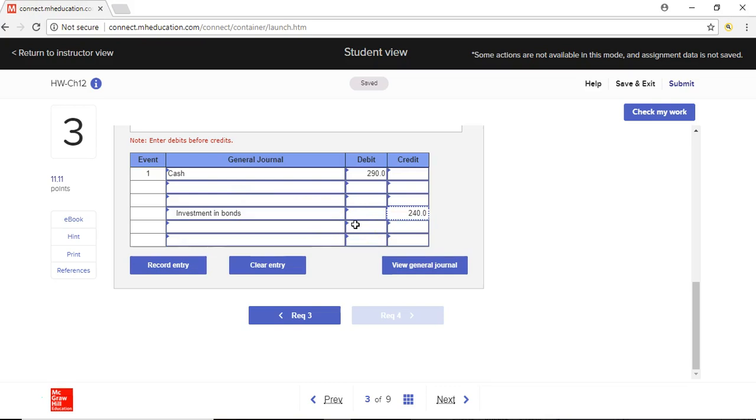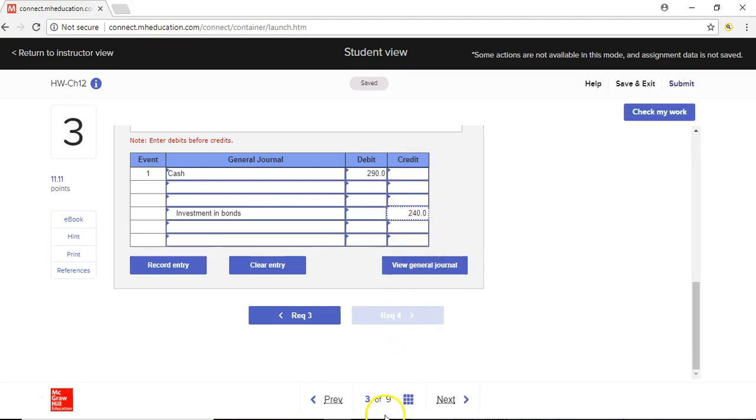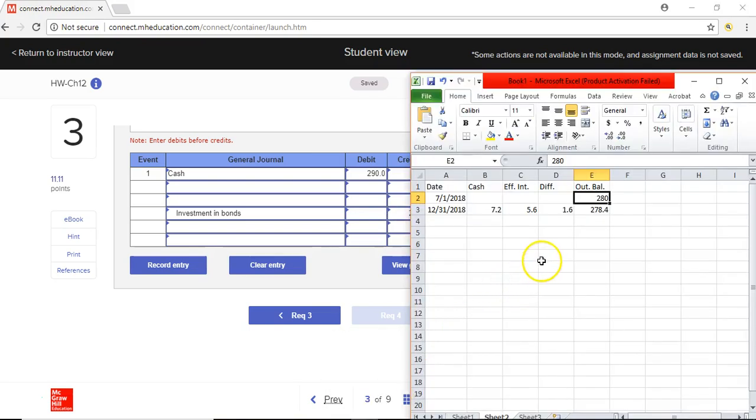And then we need to write off the unamortized premiums for these bonds. Total premium is the cash we paid, which the issuer received, $280 million, minus the face amount, $240 million. So the total premium was $40 million, and we have amortized $1.6 million of premium. So the unamortized premium now is $38.4 million.